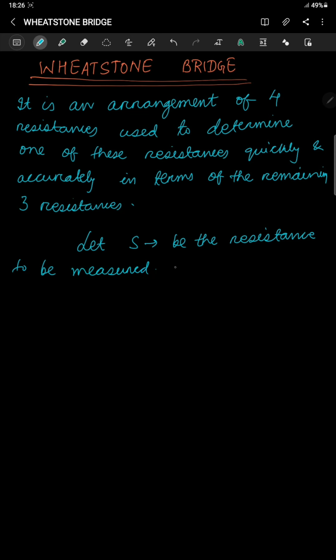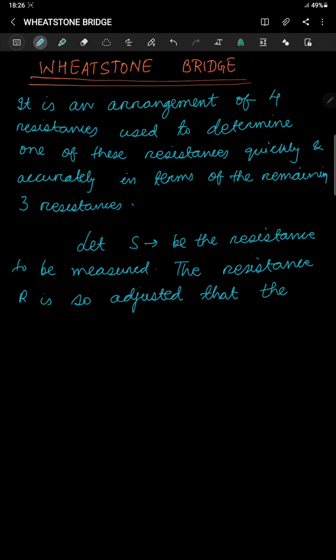The resistance R is so adjusted that there is no deflection in the galvanometer.